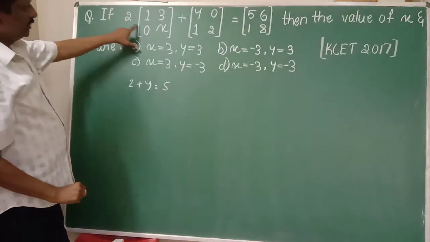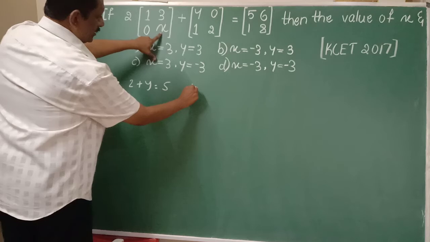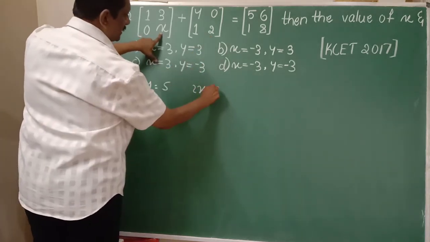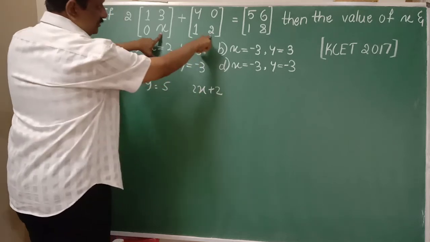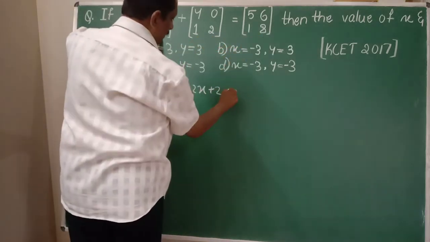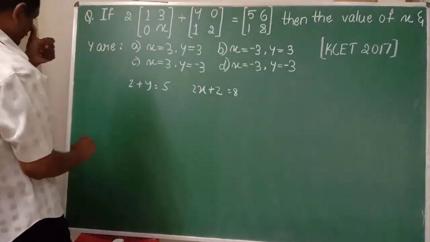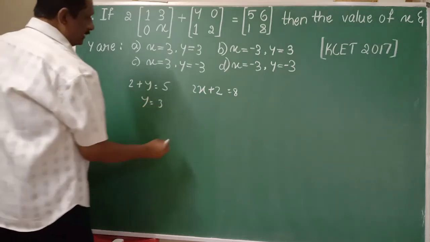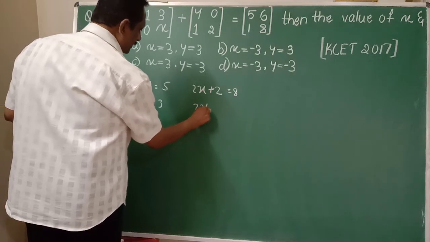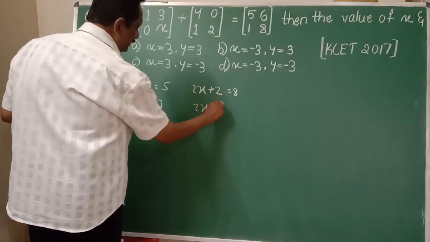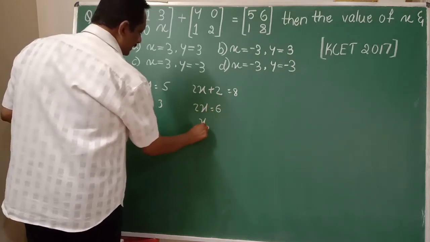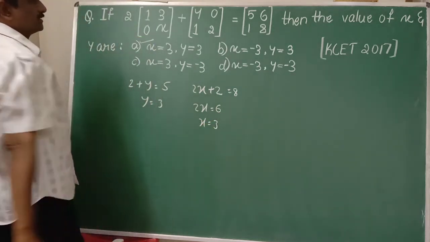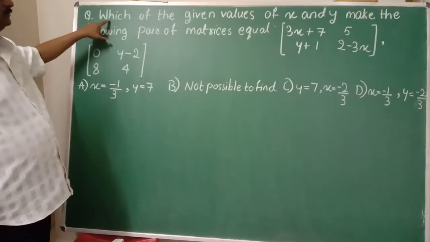Similarly 2 into x is 2x, and adding the corresponding element, 2x plus 2 is equal to 8. Then taking to the right hand side, y is equal to 3, and for 2x, 8 minus 2 becomes 6, therefore x is equal to 3. So the first option is correct: x equal to 3, y equal to 3.